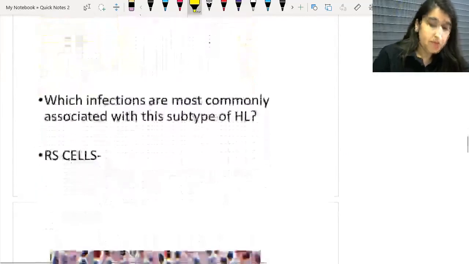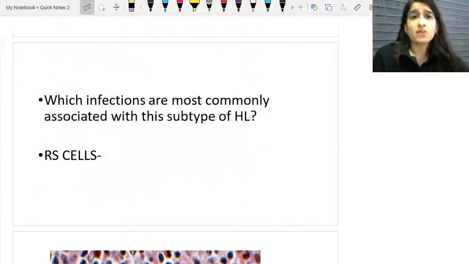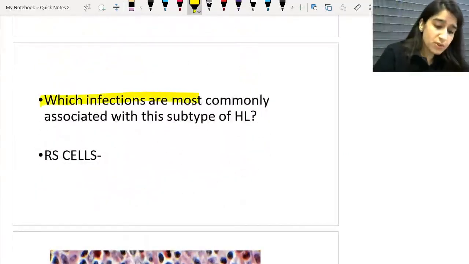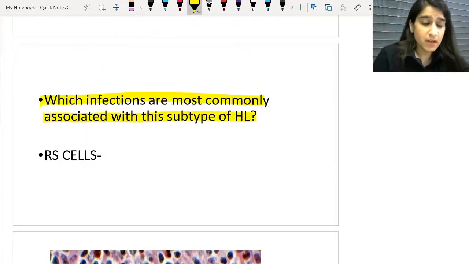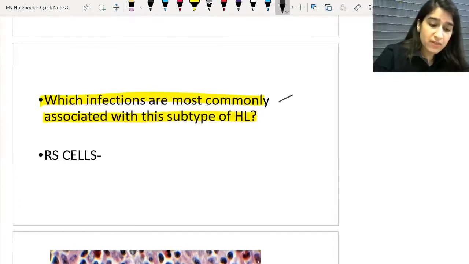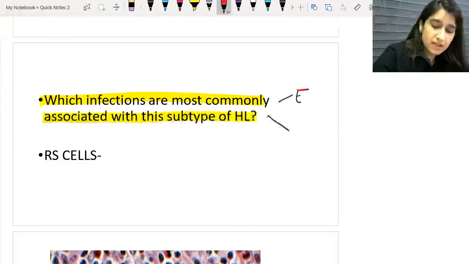Okay, so there's again an important MCQ. Which infections are most commonly associated with this subtype of Hodgkin's lymphoma? So the answer, there are two main viral infections. Which are the two main viral infections? One is EBV, and the second one is HIV, right?